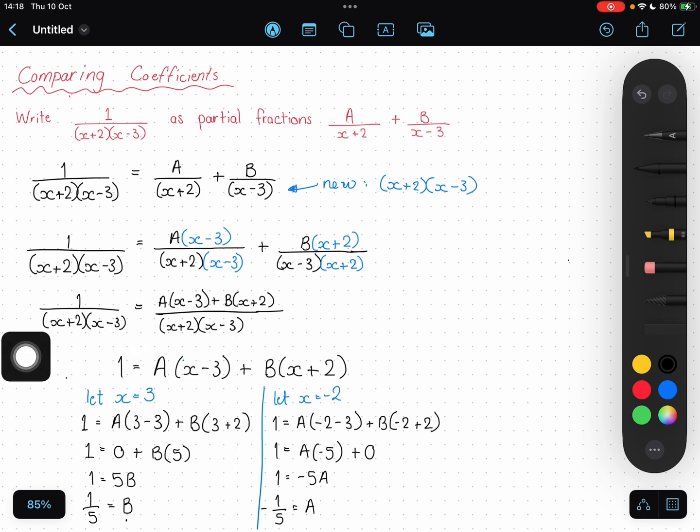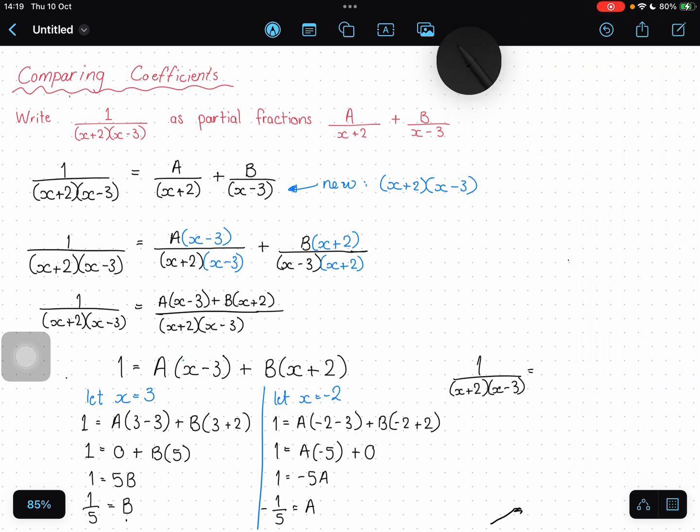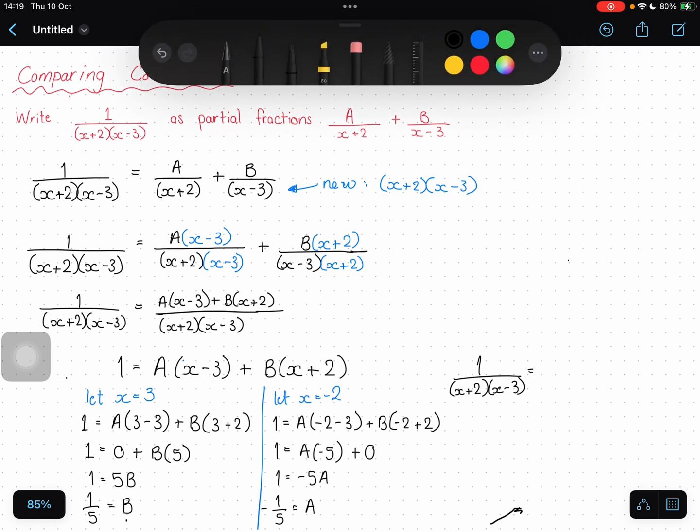So my partial fractions, if I write this out in a full equation, we have that 1 over x plus 2 and x minus 3 is going to give me, where the a was, I'm going to have a minus, for the minus 1/5.